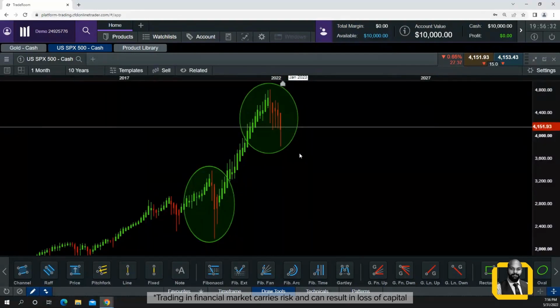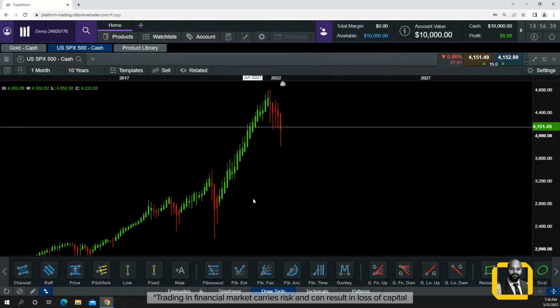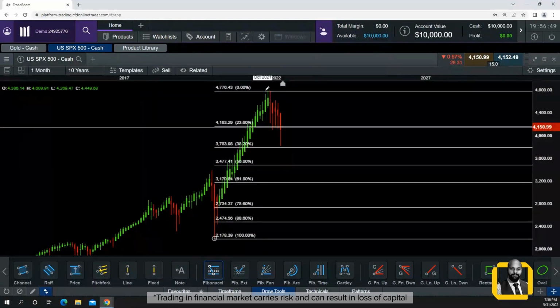Now the question is, if you're an investor, or someone who's looking to trade or to invest, or trying to identify when to buy the markets, let's use the same thing that we did. Take your Fibonacci, measure the lowest point to the highest point.